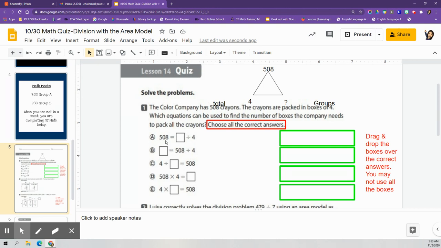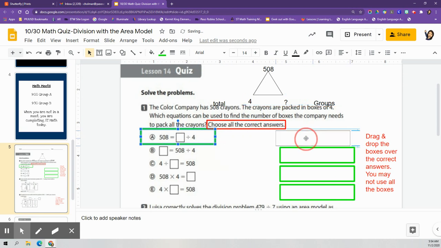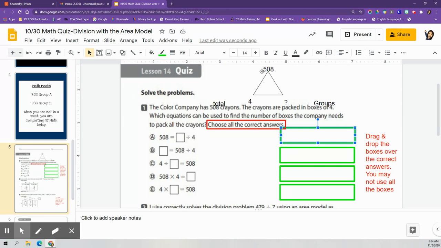So here's number A. And so we have to move these boxes over to show which ones are correct. So we have to look through the problem. So the first one says 508 equals something divided by 4. So when I look at the relationship between the numbers, does 508 equal something divided by 4 in this relationship?